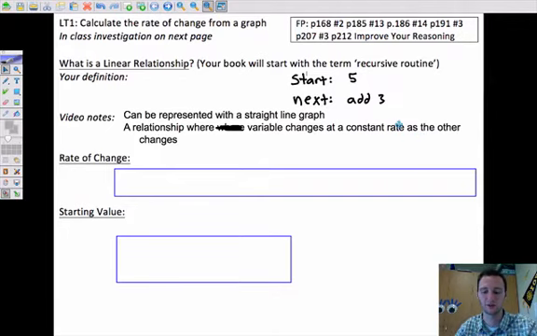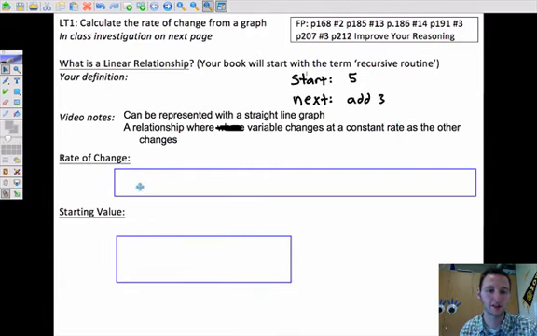So there's this tug and pull relationship that when one of the variables changes, the other one that's dependent on that changes as well. So you might be talking about height versus weight. If someone's height increases, typically their weight increases as well. So there's a relationship there.